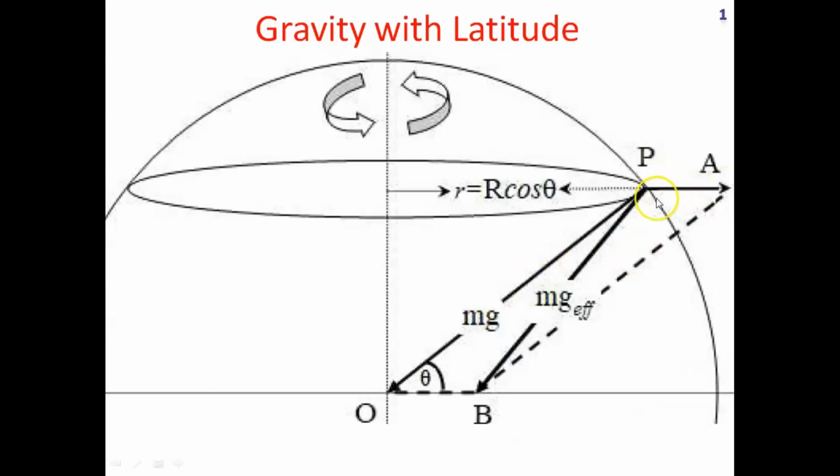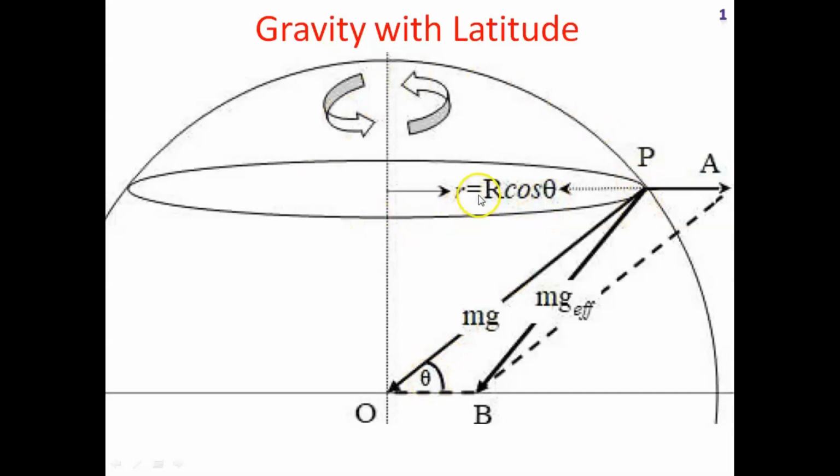For this purpose, we shall consider that mg is acting along PO. O is the center of Earth towards which the acceleration due to gravity is directed, and at point P, the distance from the axis is small r, which can be written as r cos theta, where theta is this angle.